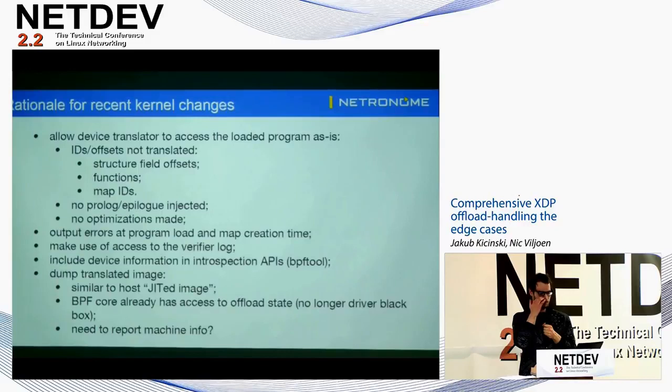And there are optimizations that the verifier does, and I think today there's only one. Alexei added inlining of map lookup calls. When the program is loaded from user space, the map lookup call is just a call, and I think ID 1. But the verifier will inline some of the code.